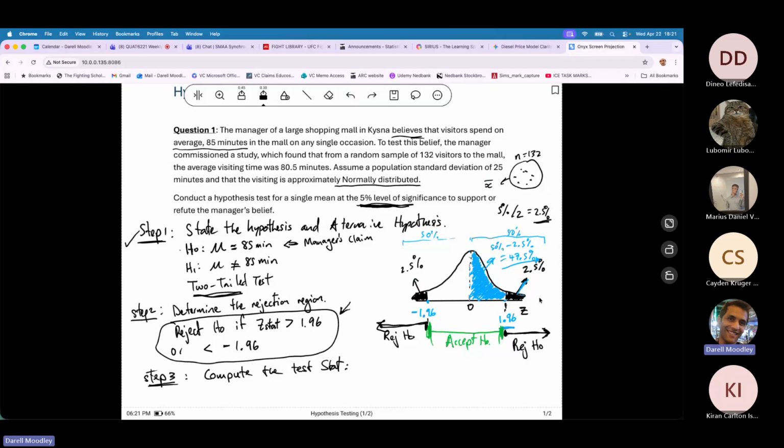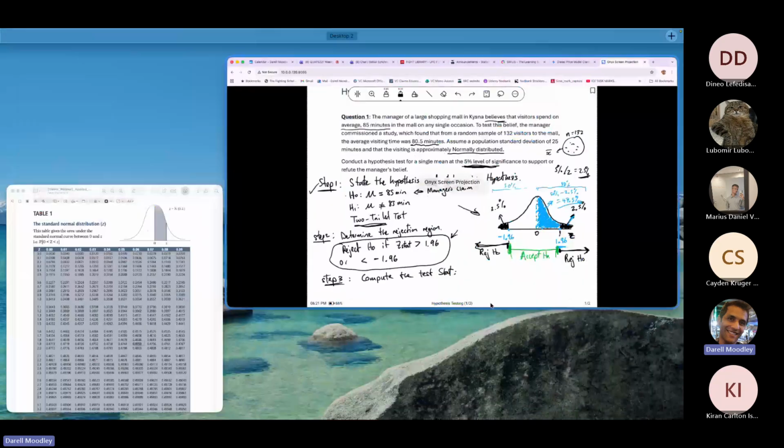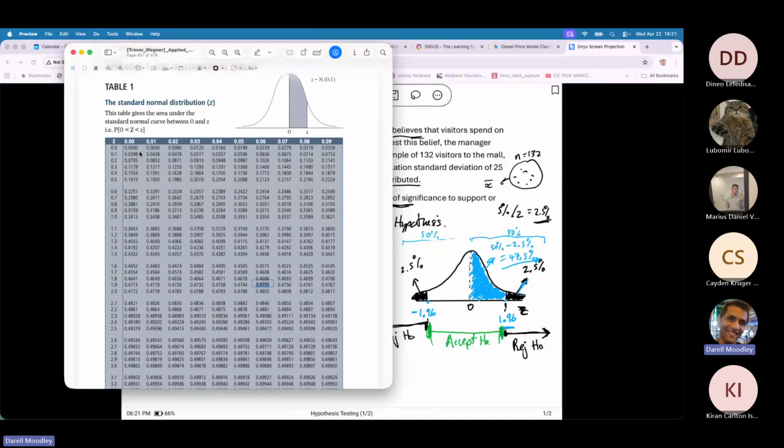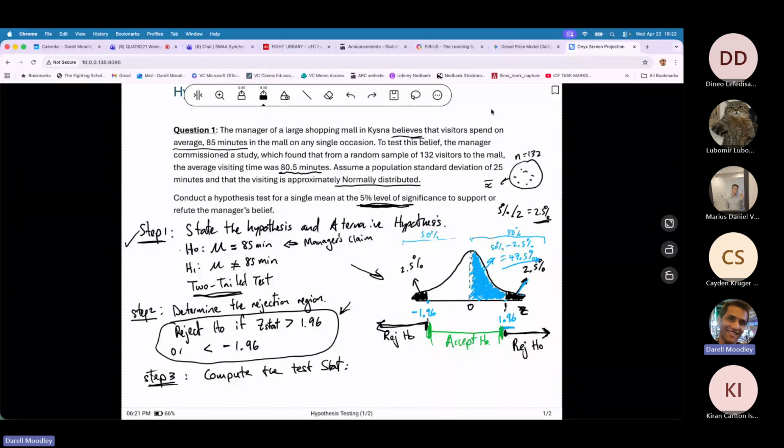And here's the value for X bar from that sample in the text, 80.5 minutes. So what we need to do now, if you look at this curve that we've drawn, this is your Z curve. That's your normal distribution. In other words, if you go to your graph that we've been working with, this is your Z curve, right? There's your Z statistic. So we are going to convert X bar into Z.